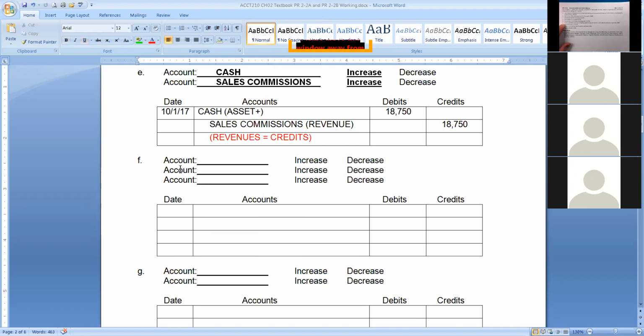Okay, so we paid two of these. You can break these up into either two different entries or put them all in one entry, either way.